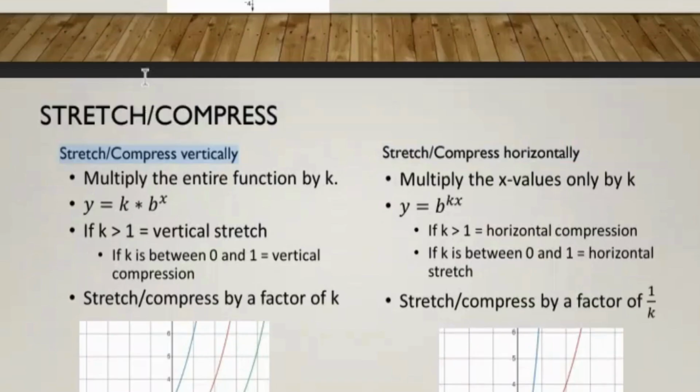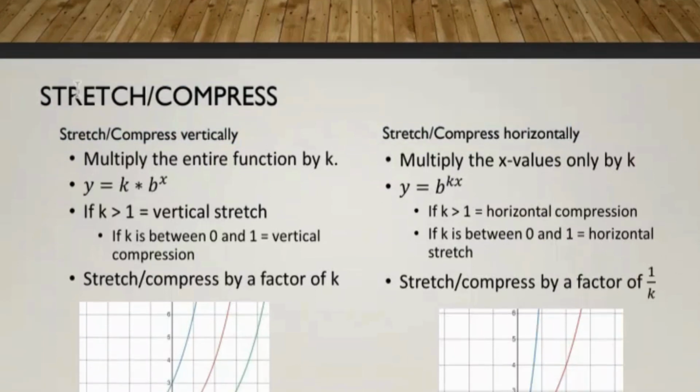Right, we're going to be multiplying the entire function by k when we stretch or compress vertically. This time we're going to be stretching. And so, this one right here.